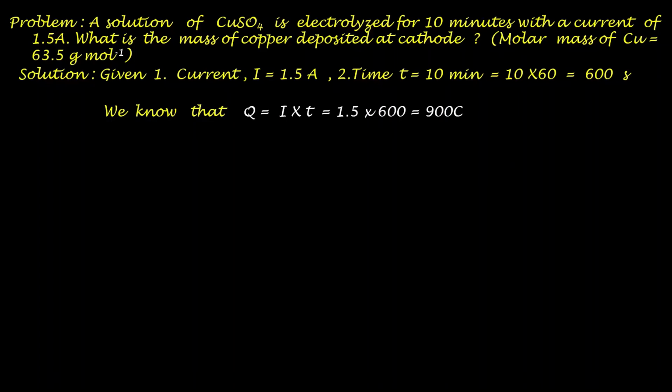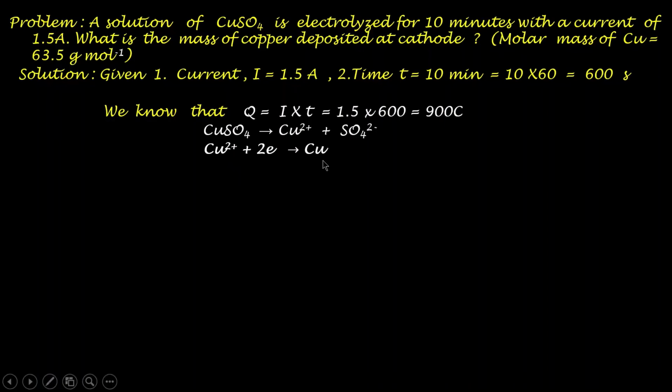Now this cupric sulfate solution ionizes in solution to give Cu2+ ion and SO4 2- ion. This Cu2+ ion, being a cation, will be attracted towards the cathode, and at the cathode this Cu2+ ion will gain 2 moles of electrons to form 1 mole of copper. So this is the stoichiometric equation you have to remember for this electrolysis: Cu2+ + 2e- gives Cu.